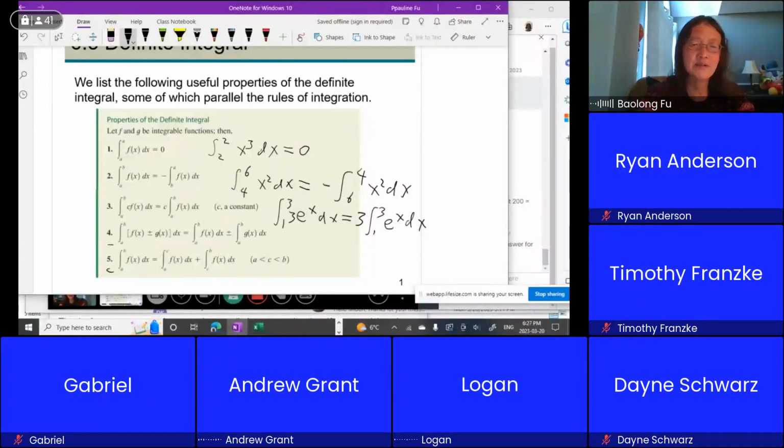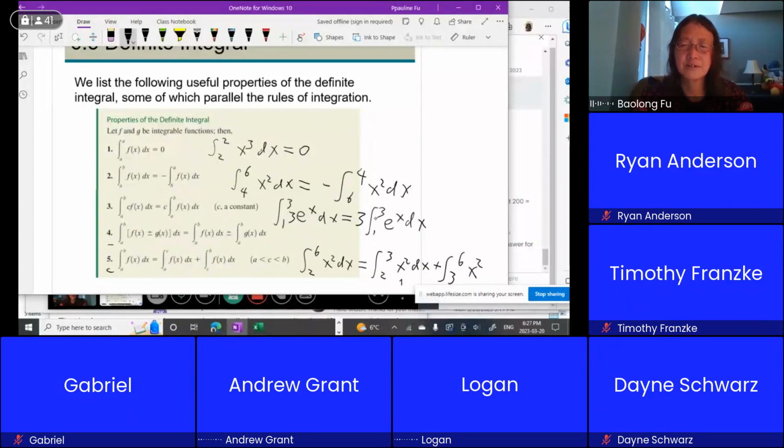Number 5, I give you an example: the integral from 2 to 6 of x squared dx is equal to the integral from 2 to 3 plus the integral from 3 to 6.